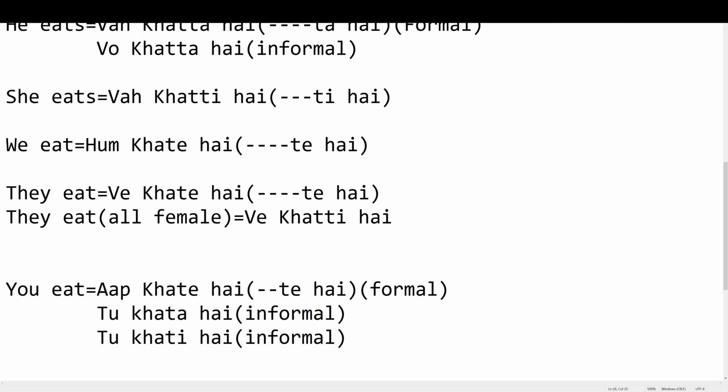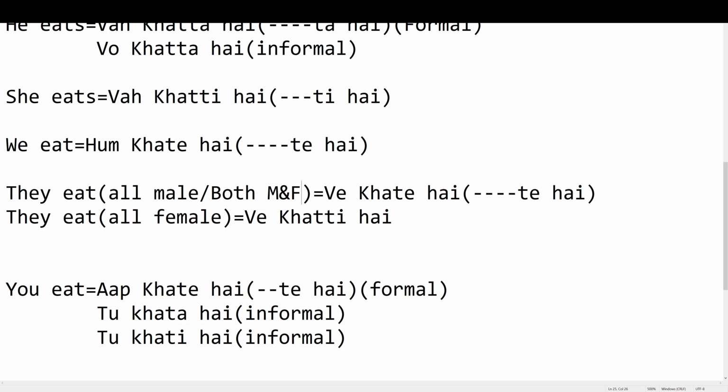Got it? And if all male, वे खाते हैं. All male or mix, or we can say both, M and F, that time वे खाते हैं.